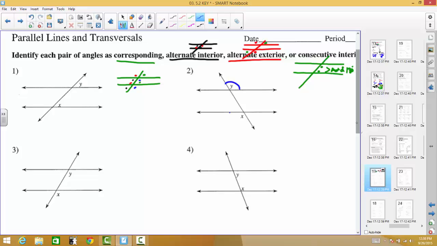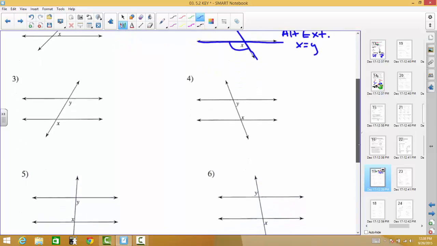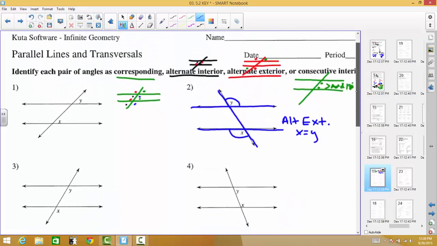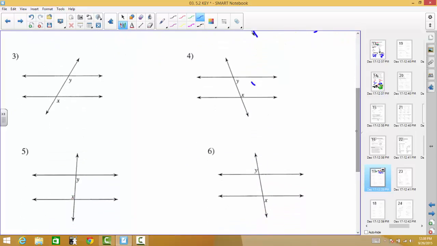This and this, these are on the alternate sides of the transversal, and they are on the exterior of the parallel lines. So these are alternate exterior, and they are the same. So x would equal y. These are, I'm used to saying same side interior, consecutive interior.